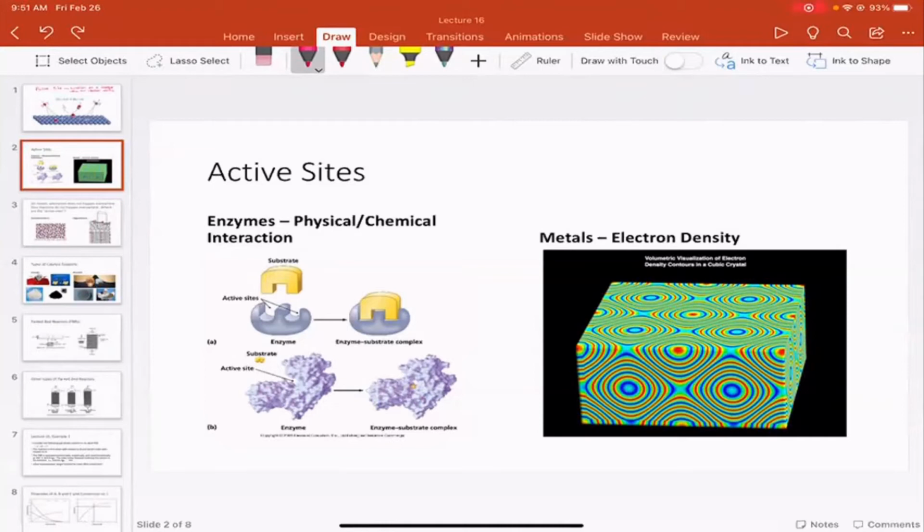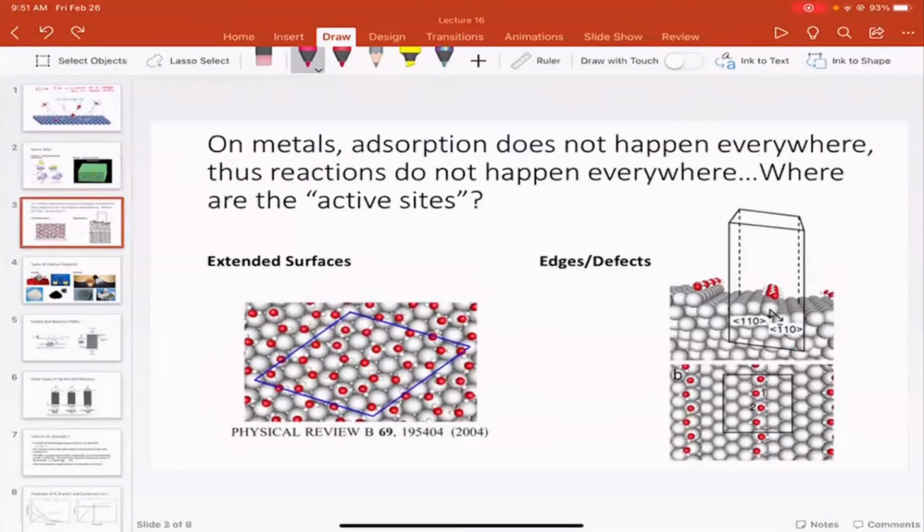And that's what the picture on the right here is trying to show: if you had a cube, like a crystal, where would there be a high electron density, which is shown in red, and where would there be a low electron density, which is shown in blue? And not all spots on a metal are active sites, right? The reaction doesn't just happen everywhere.